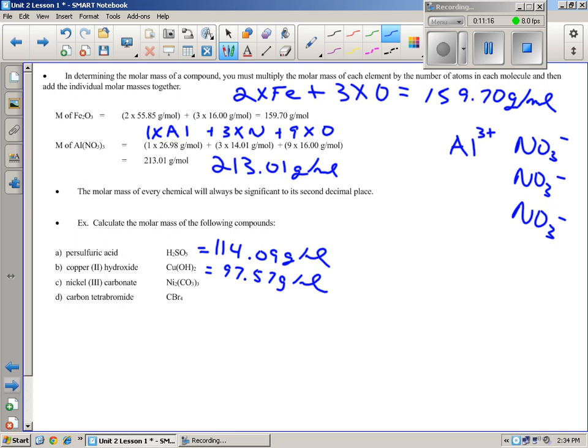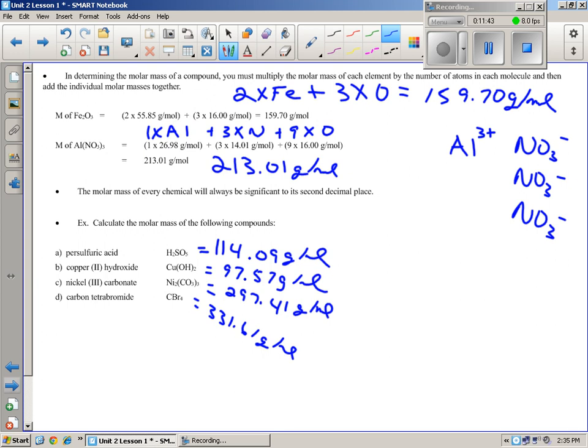That worked out to be, I don't remember that one. What is that? 2 or 300? Yeah, that sounds right. 297.41. And CBr4, so 1 carbon and 4 bromines, works out to be 3 something, doesn't it? Yeah, that sounds good. Thank you.